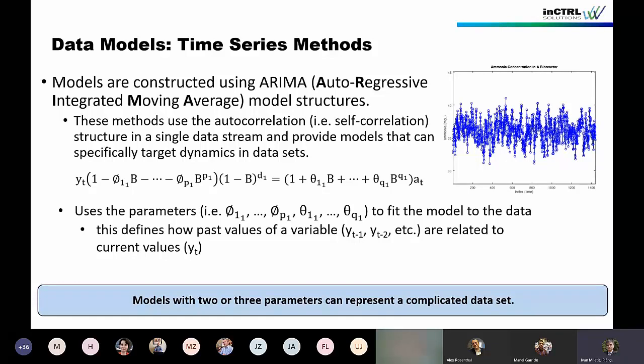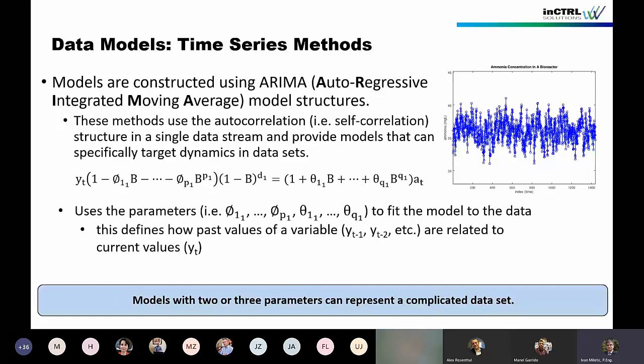The time series methods, these approaches could be cast in many mathematical forms, and the one I kind of gravitate to is the ARIMA modeling, autoregressive integrated moving average model structures. Okay, these models are parsimonious in the sense that they have very few model parameters.